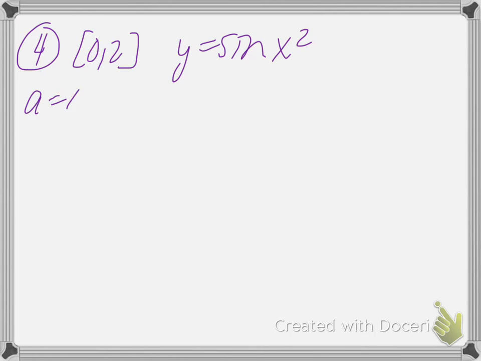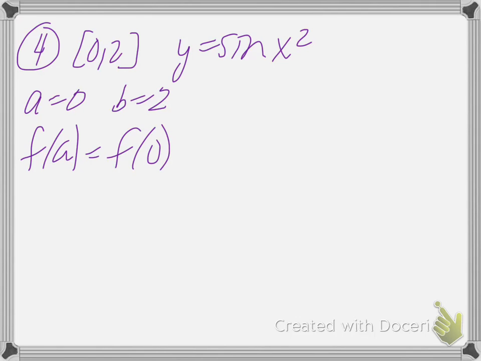Okay, so a is 0, b is 2. f of a is going to be f of 0, which is sine of 0, because I'm plugging into this right here, which just gives me 0.